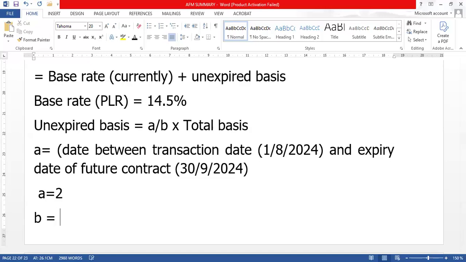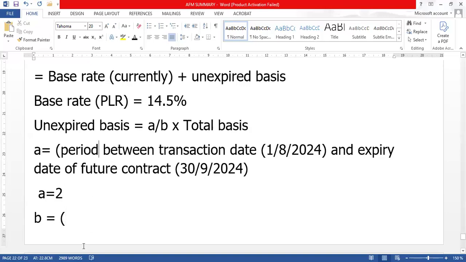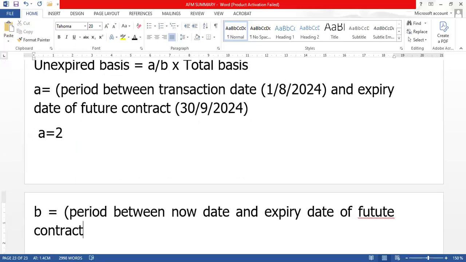Then B. What is B? B is the period between the now date and the expiry date of the futures contract.